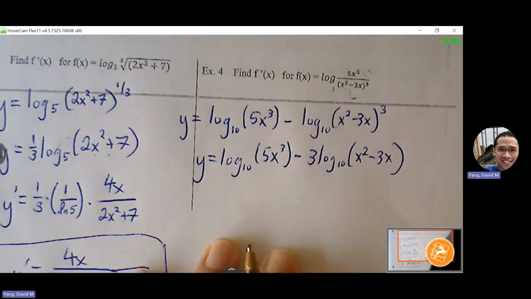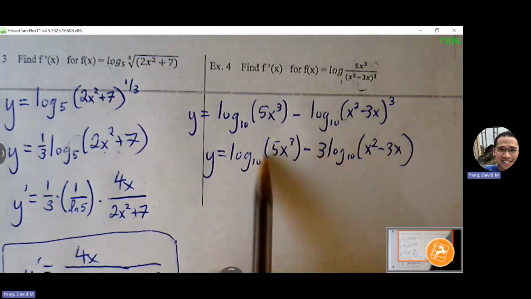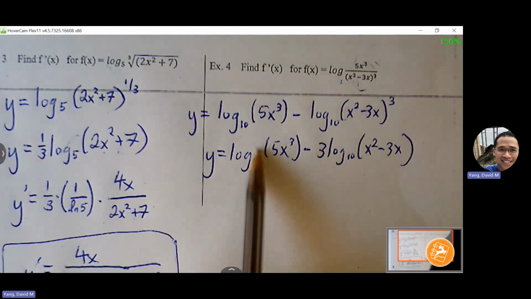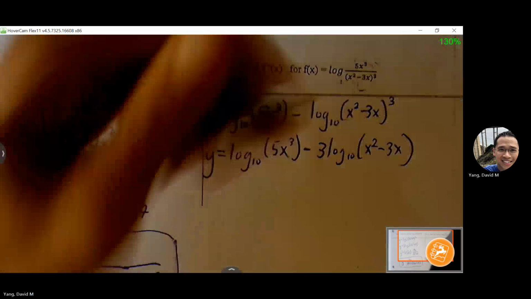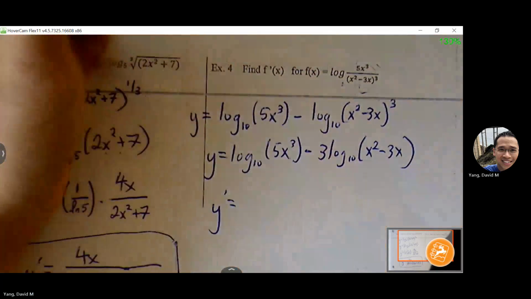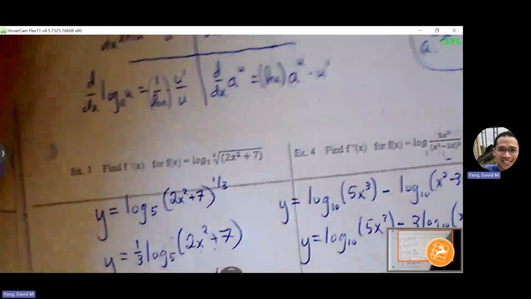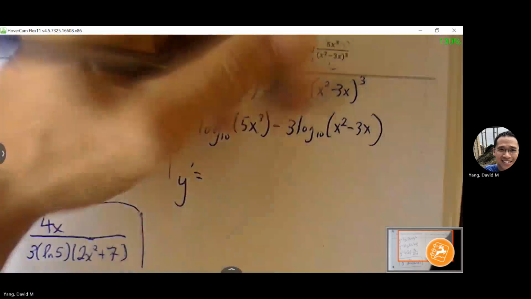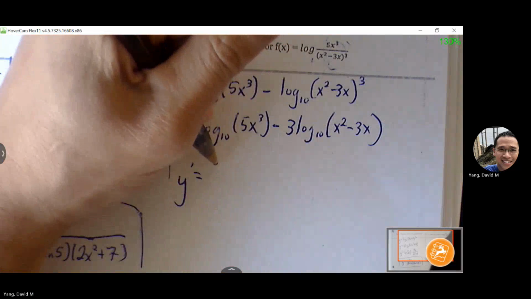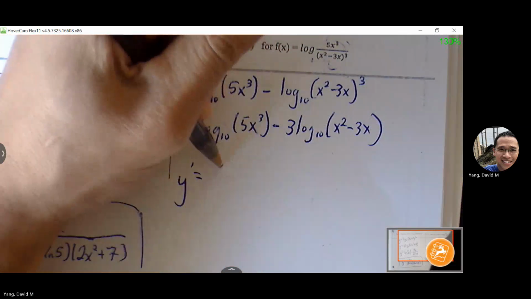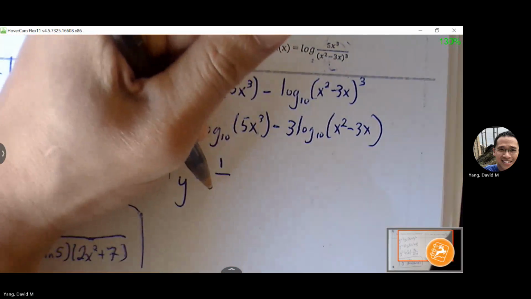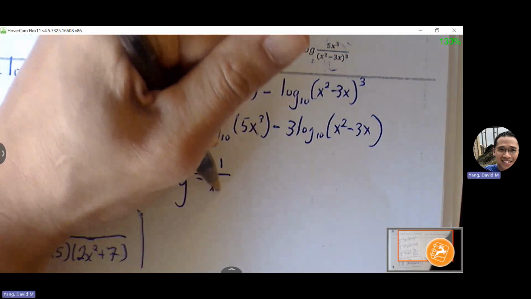Okay, so now we can apply our derivative rule. Basically, it's just u prime over u with a little bit of conversion that has to happen. The conversion is 1 over natural log of a. That sits in front of u. Yeah, 1 over natural log of 10.